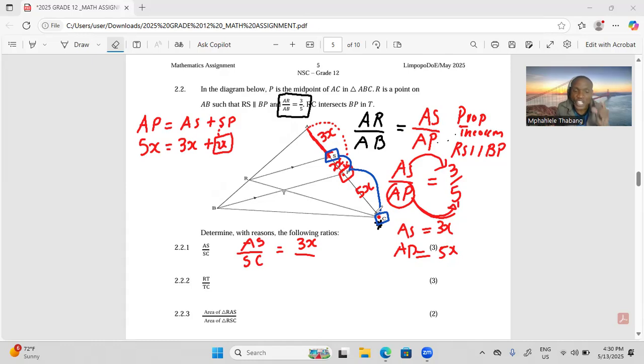So SP, which is 2x, plus PC, which is 5x, makes the distance from S to C 7x. X cancels X. So the answer is 3 over 7, which means that AS over SC is 3 over 7. So you found the value of the ratio AS over SC.